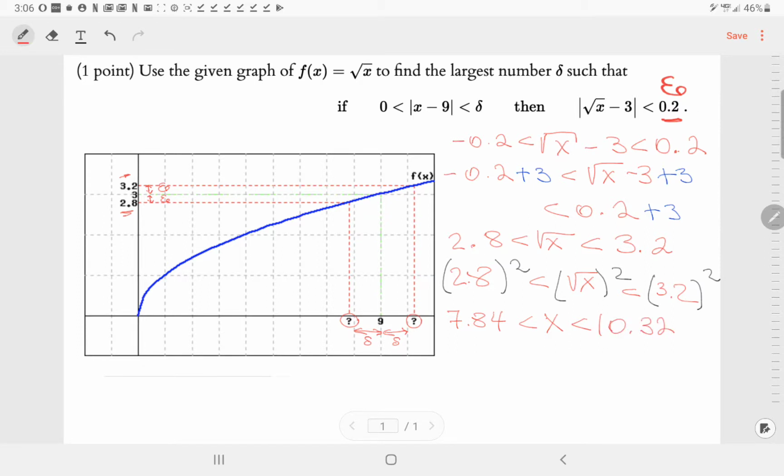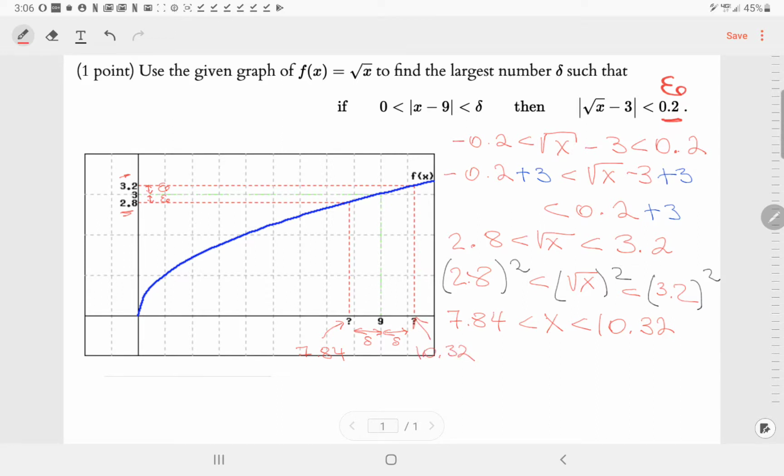So basically we found out where our x is going to land and what values of x we can have. So right here we would have 7.84, and right here we would have 10.24.